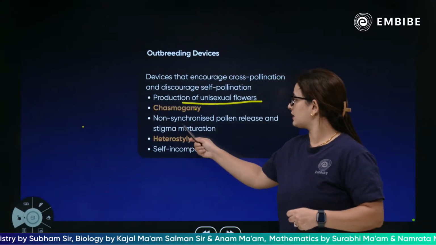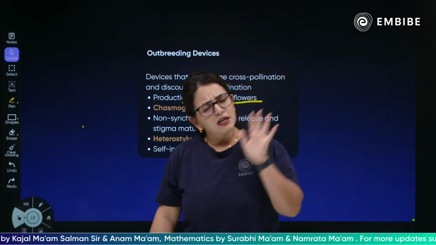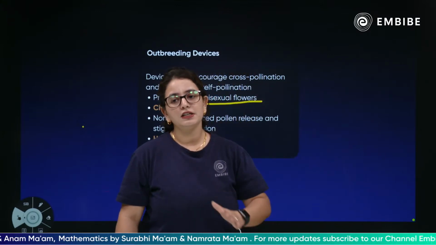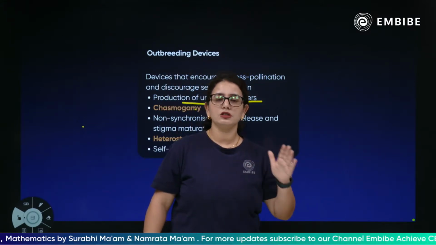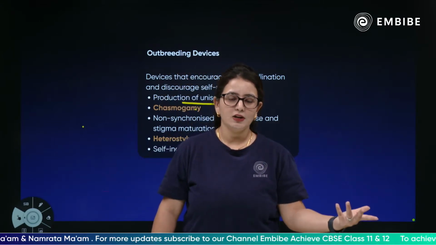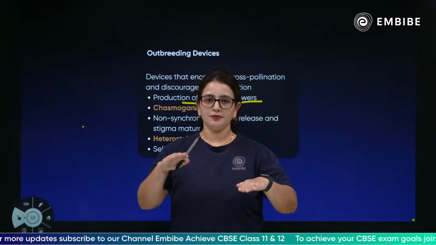Next, non-synchronized pollen release and stigma maturation. Very simple. Even if there is a bisexual plant, where the male and female parts are on the same flower, the maturity period can differ.